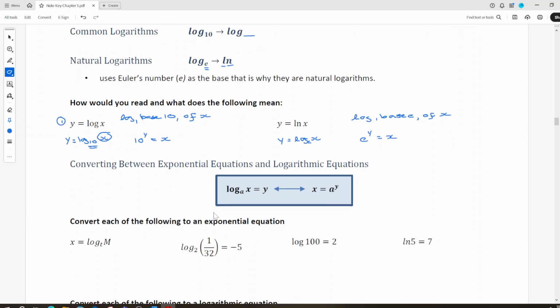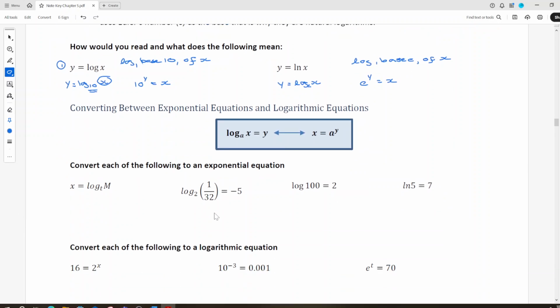So let's just practice this. So I've got 4 questions here, and we're going to go from logarithmic form to exponential form. And for me, the easiest way to do it is to remember that your base stays your base. So this is a base t. T to the exponent x, because this is the thing that we're solving for, is the exponent that you're raising the base to, will give you m.